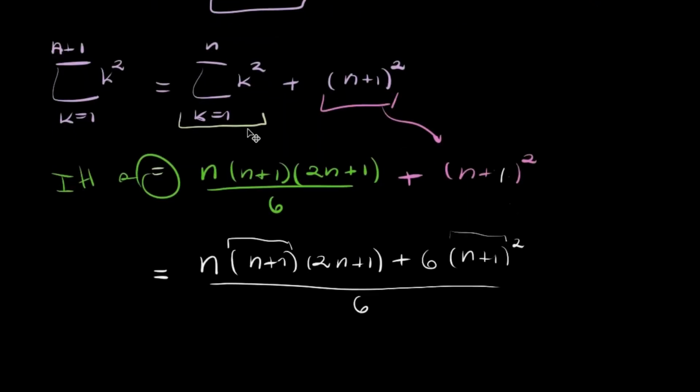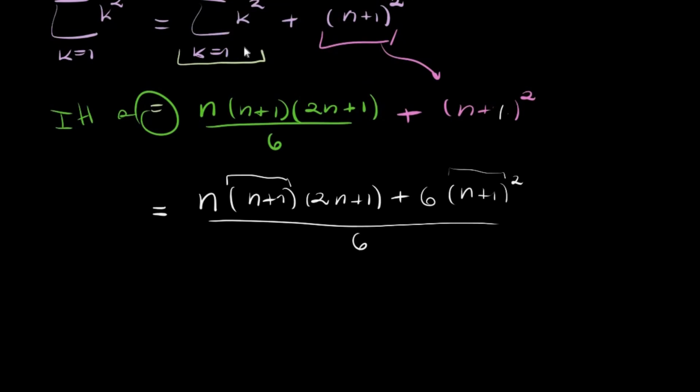So what I'm going to do is take n plus 1 as a common factor. So n plus 1, I take it out, and I'm going to distribute it here.